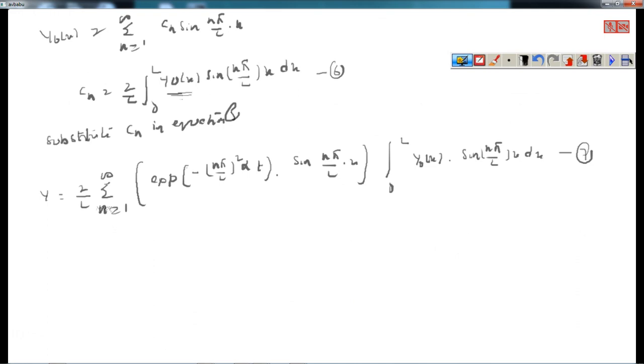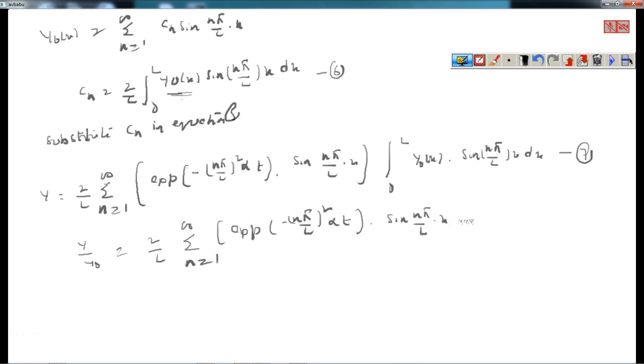Or otherwise I can write it as y by y0 is equal to 2 by L into sigma n is equal to 1 to infinity exponent of minus n pi by L whole square alpha t into sin n pi by L x into integral 0 to L sin n pi by L x dx. You must remember this equation.